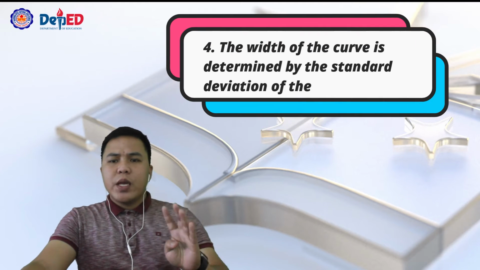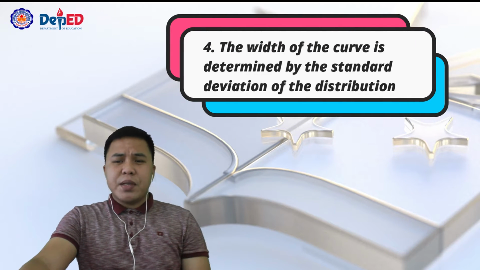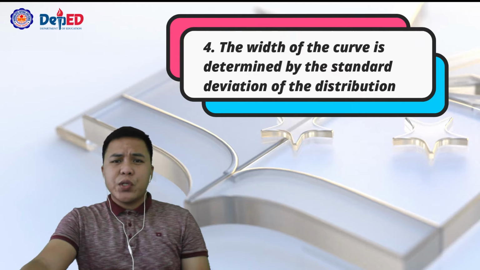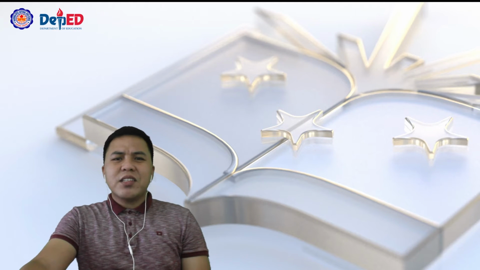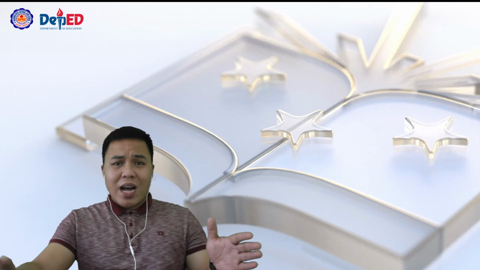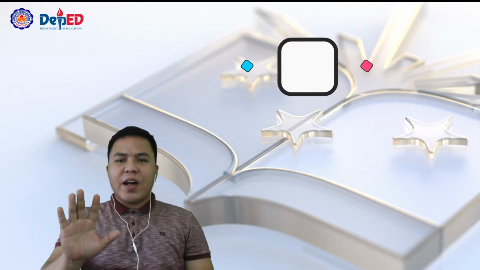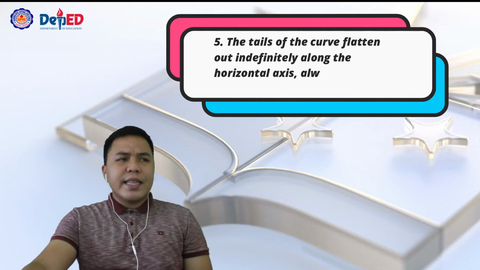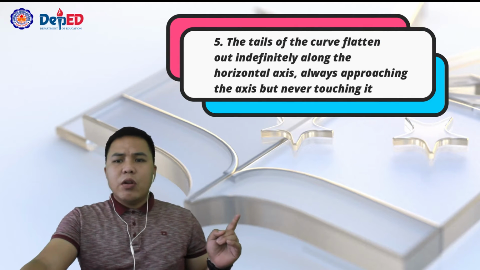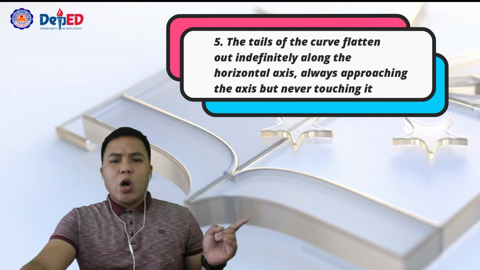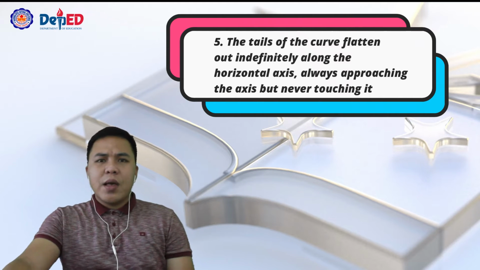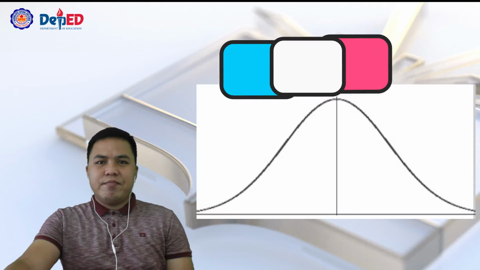And for number 4, the width of the curve is determined by the standard deviation of the distribution, meaning the standard deviation will determine how wide or how narrow the graph of the curve is. For number 5, the tails of the curve flatten out indefinitely along the horizontal axis, always approaching the axis but never touching it.